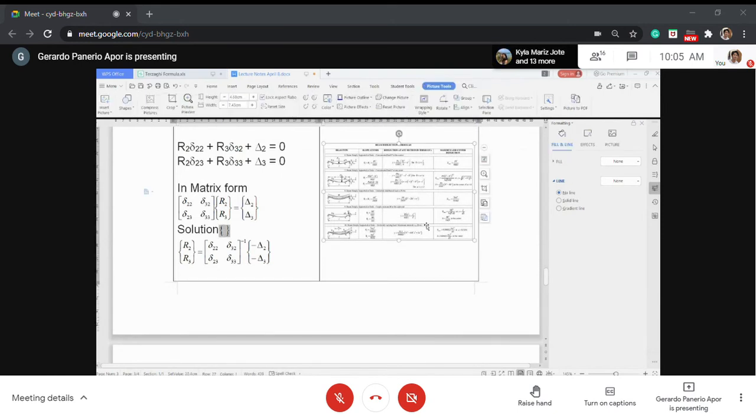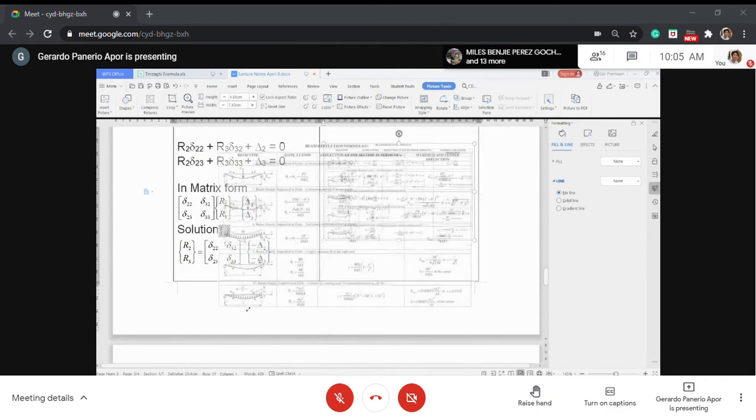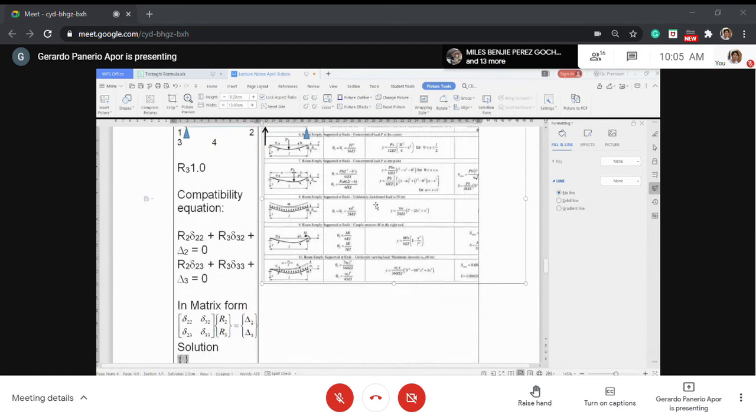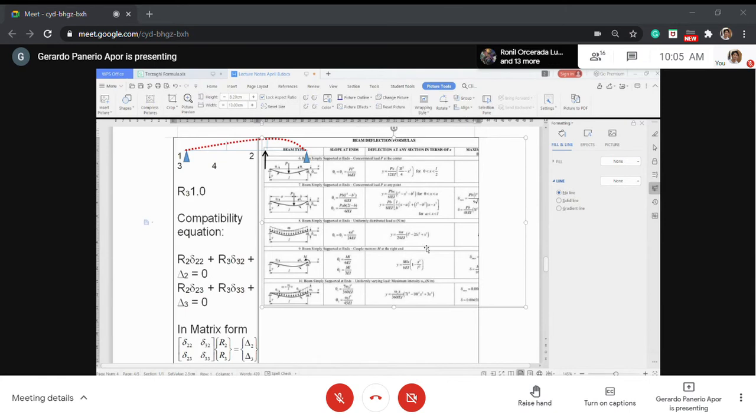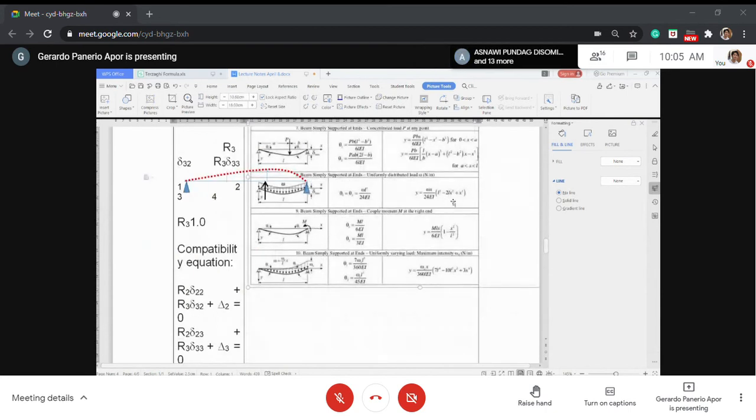The deflection equation is y equals wx over 24EI multiplied by quantity L cubed minus 2Lx squared plus x cubed. Okay, that's the formula. So I will write it.